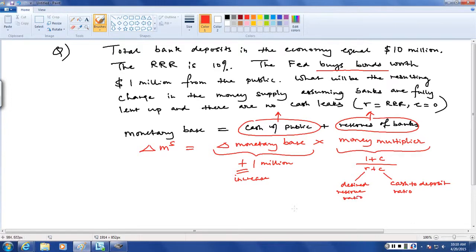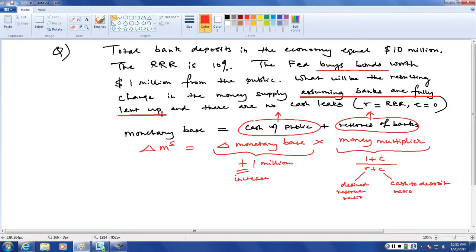However, in my question here, I say that assuming banks are fully lent up, what does that mean? This means that banks are going to be lending the maximum that they are allowed to by the Fed, which means that the only reserves banks keep are required reserves, correct?